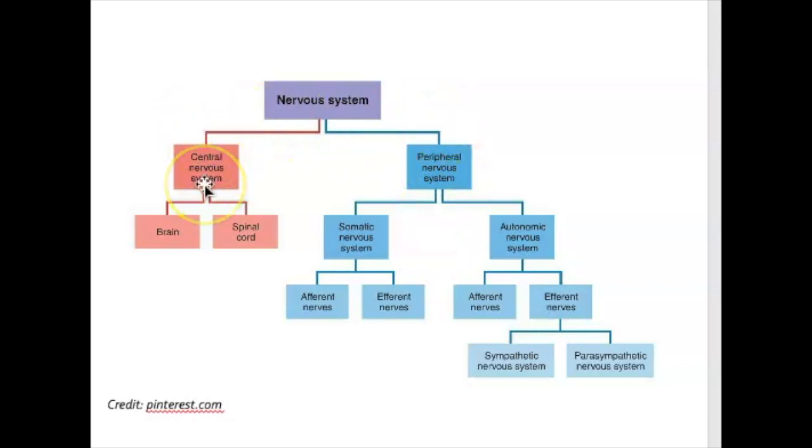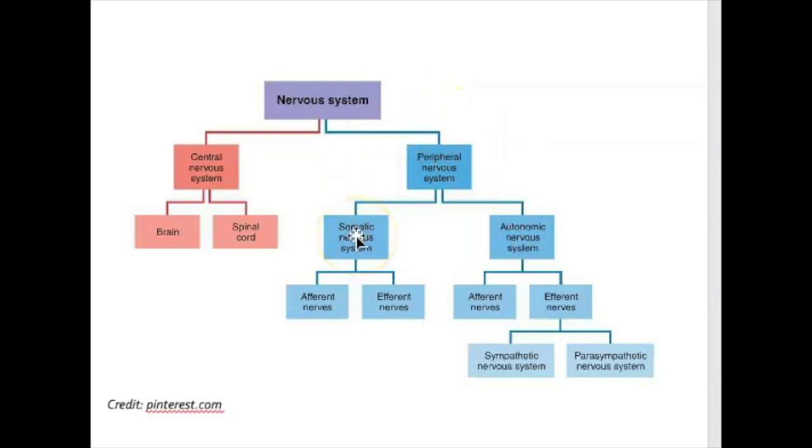And then the central nervous system is branched into the brain and the spinal cord. Now, the peripheral nervous system is broken down into somatic and autonomic. That's a little bit different from the way we just looked at it. It's perfectly fine to break it down this way. It's just a little different.